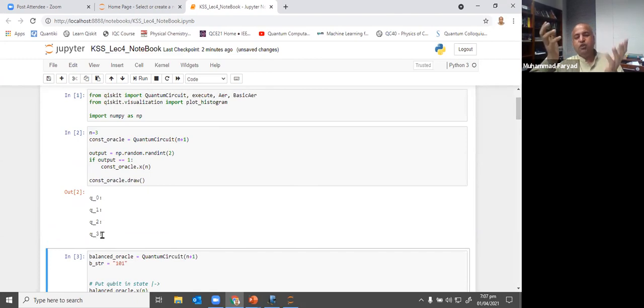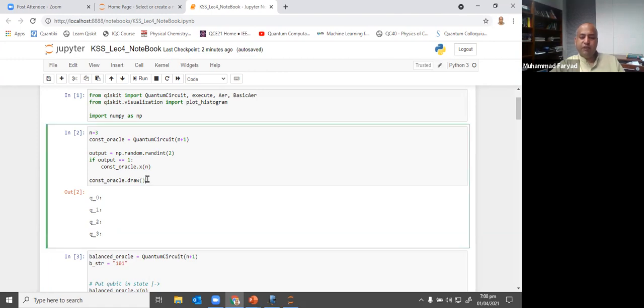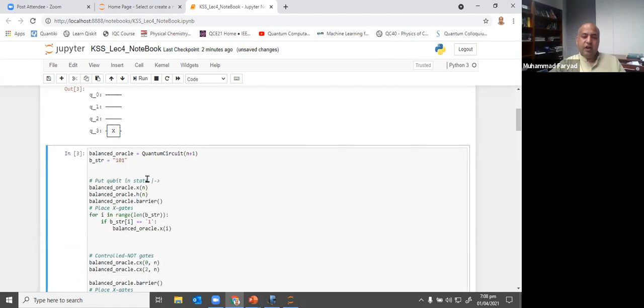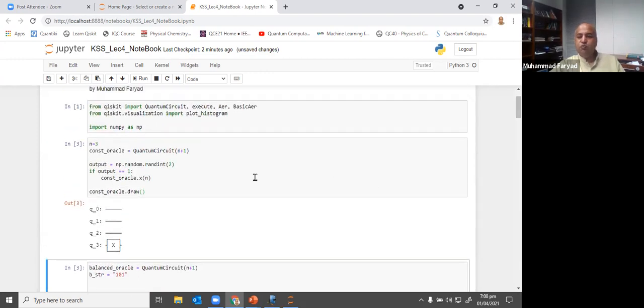So when f of x is 0, your input should be equal to output. x should go to x. That's why the constant oracle with f of x equal to 0 is very trivial. But the constant oracle with f of x equal to 1 should multiply your inputs with minus. So how am I doing it?